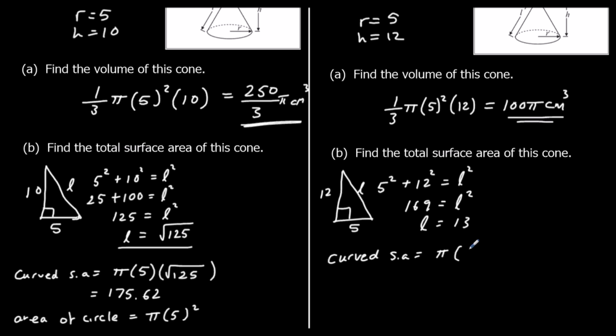which is pi times 5 times 13. So in terms of pi, that's going to be 65 pi. So the curved surface area is 65 pi. We've also got a circle on the bottom. So the area of the circle is pi times the radius squared, pi times 5 squared, which is 25 pi.